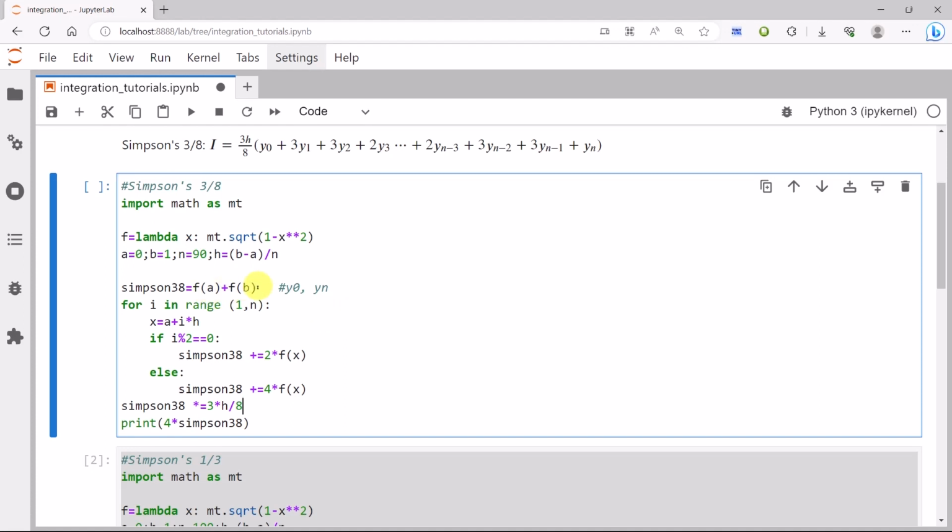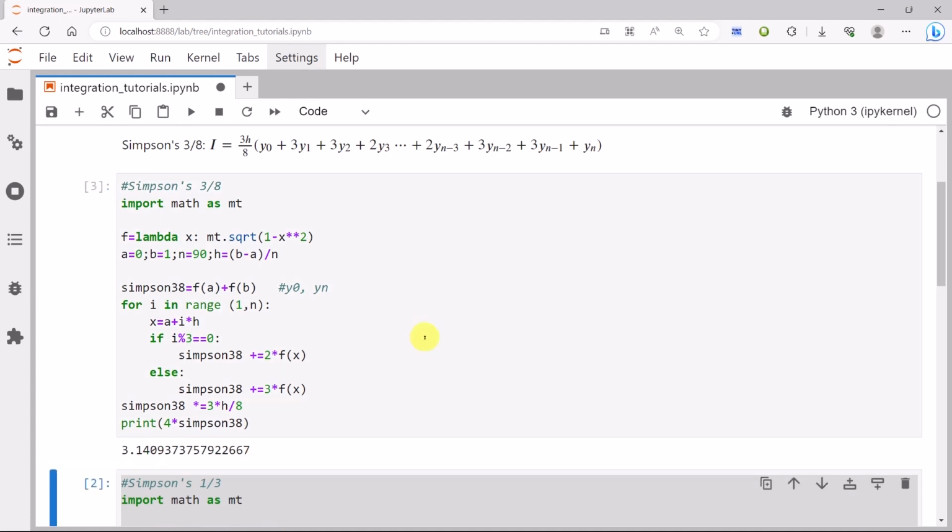First and last we are considering it here. So this should be equal to 3, right? If it is 3, it is multiplied by 2. Otherwise it is 3. So this should give us Simpson 3/8, right? Okay, let's see.